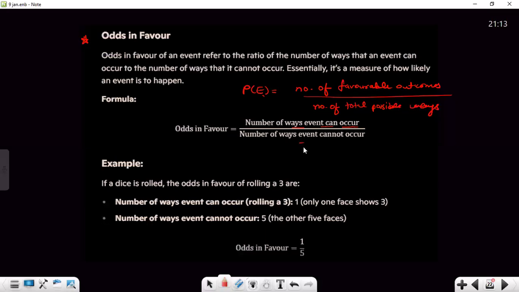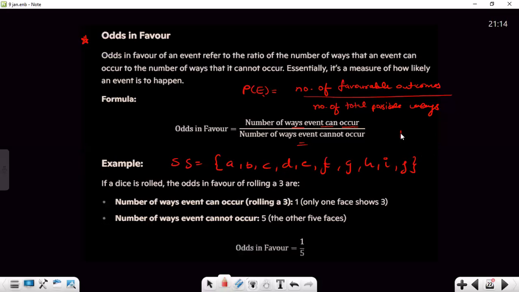Let's say there is a sample space of A, B, C, D, E, F, G, H, I, J. How many elements are there? There are 10 elements in total.